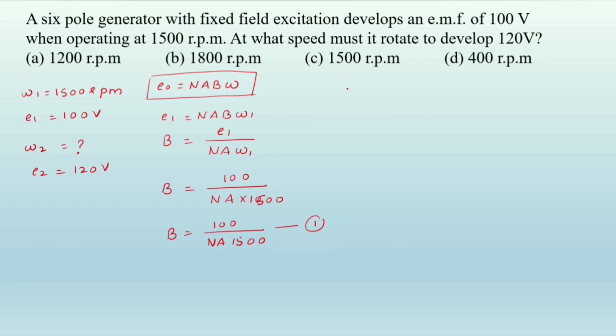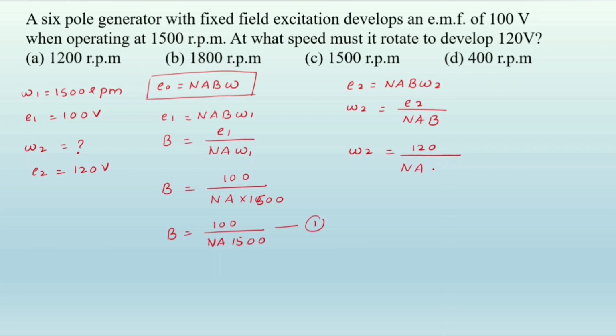This is the first case. In the second case, I can write it as E2 equal to NAB omega 2. Here we want omega 2, therefore omega 2 equal to E2 divided by NAB. So omega 2 equal to induced EMF is 120 divided by NA.